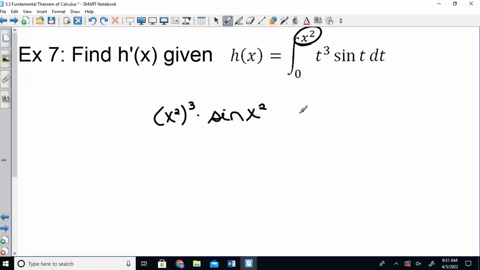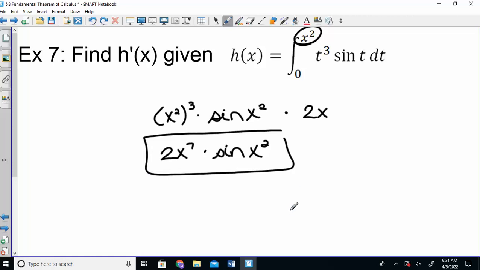But we didn't just have a plain x, so what else do we have to multiply by? The derivative of x squared, which is 2x. So x squared cubed is x to the 6th times 2x would be 2x to the 7th times the sine of x squared. So that was just the fundamental theorem.